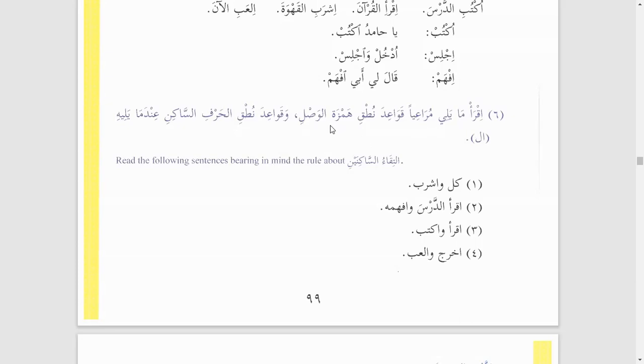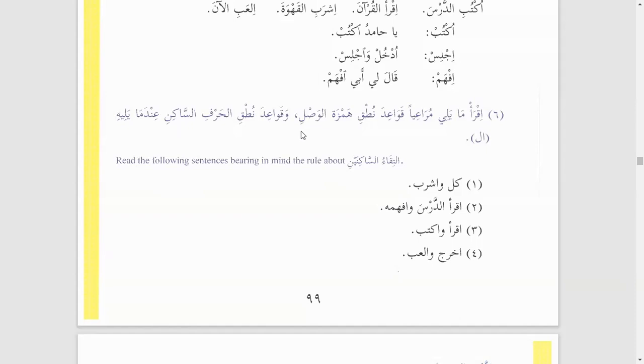So qawaida nutqi hamzat al-wasli means the rules of the pronunciation of hamzat al-wasl. Nutq will be translated as pronunciation. Wa qawaida nutq al-harf sakini, and the rules of the pronunciation of the sakin or vowelless letters, indama yalihi al, whenever al follows it. So that will be the translation of this sentence. Read the following sentences, bearing in mind the rule about iltiqa sakinain.